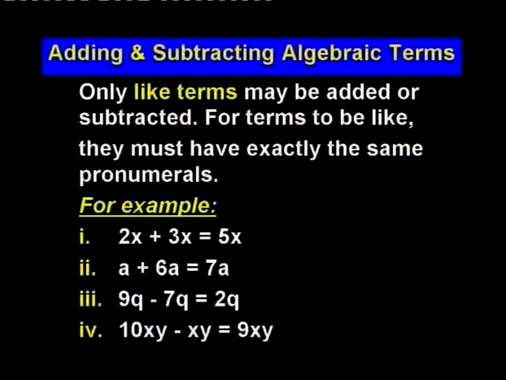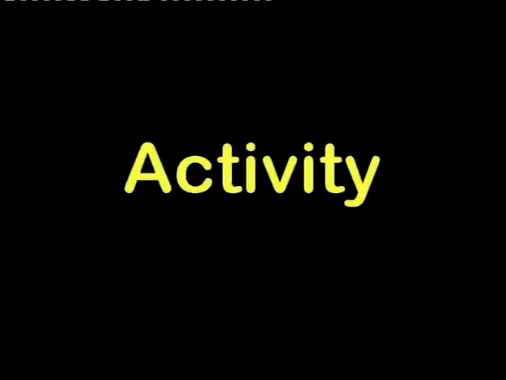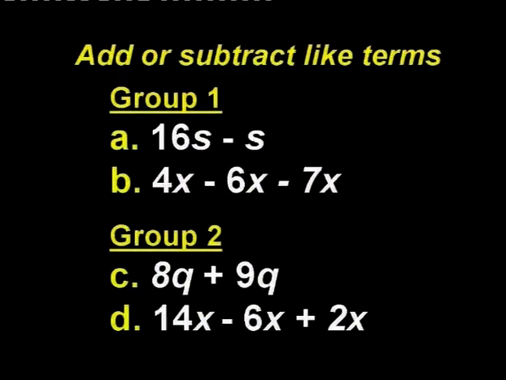Right? Your activity that you will be doing for homework, I am sorry, we do not have time to go through that. I'd like you to check for the model class, check those exercises in there. There are some corrections that I want to make. So make sure that you have 16s minus s for letter A. Do you have that? Yes.